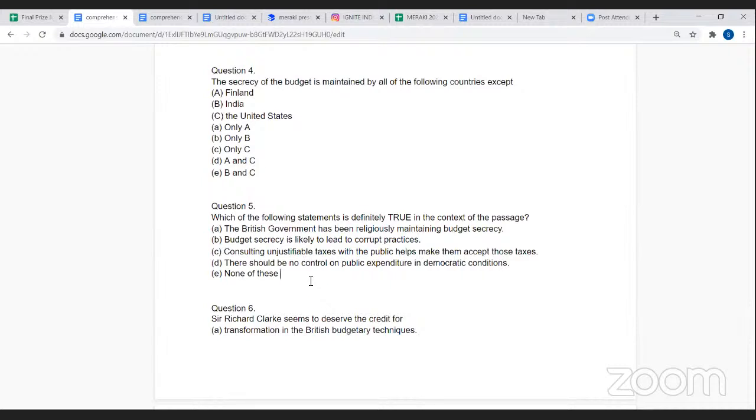It's none of these. The correct option is E.